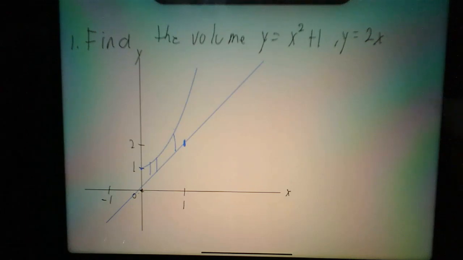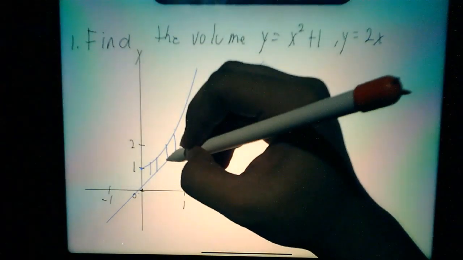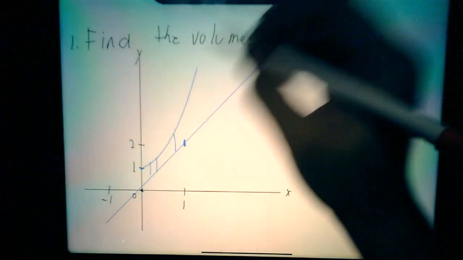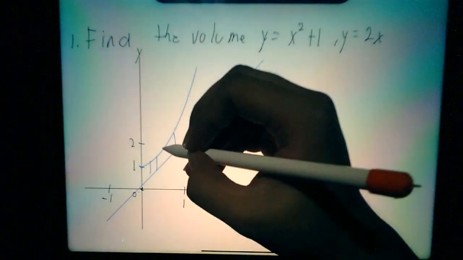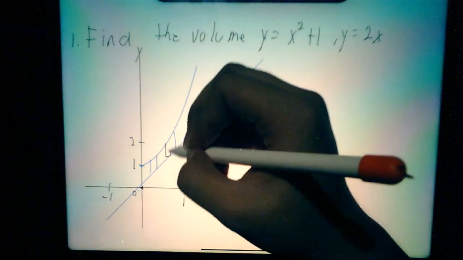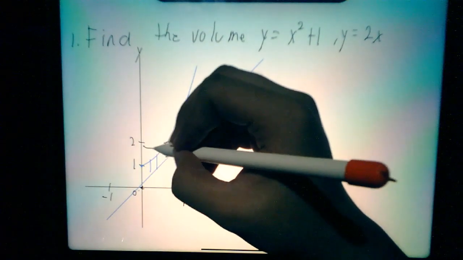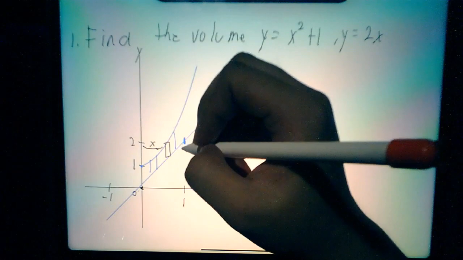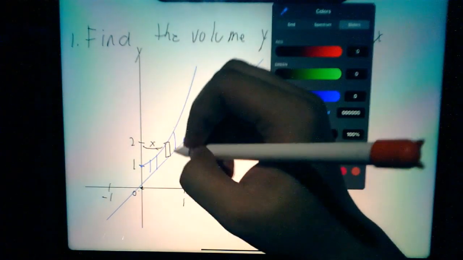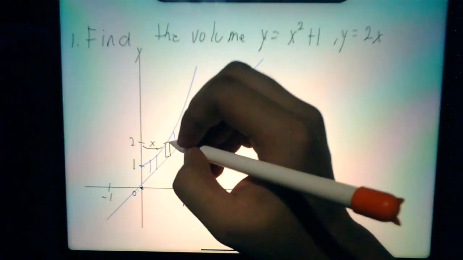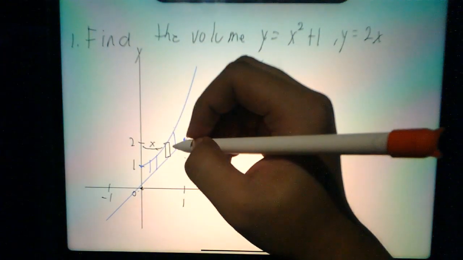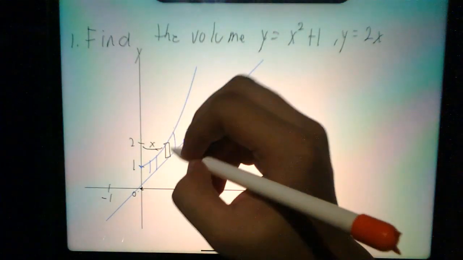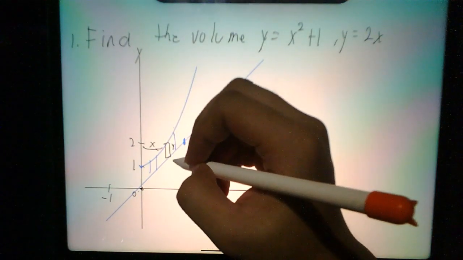So now by creating a vertical strip, this is our vertical strip. This is just equal to x here, and the height of the vertical strip is y.